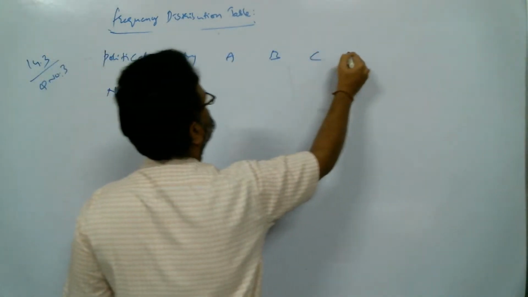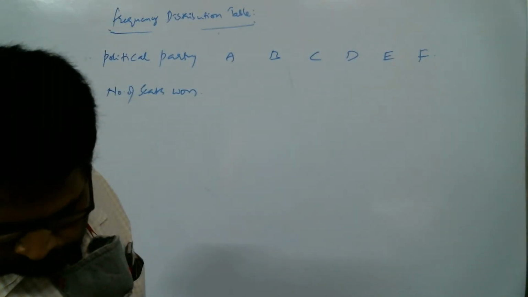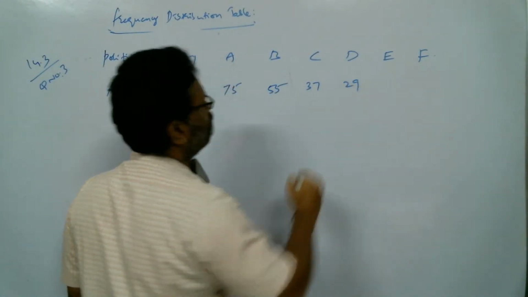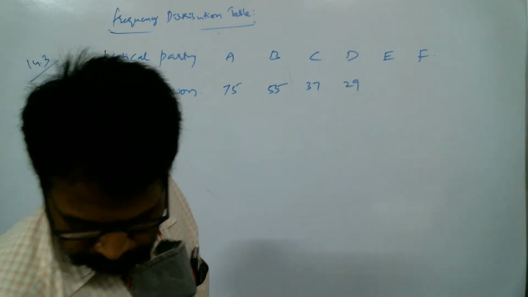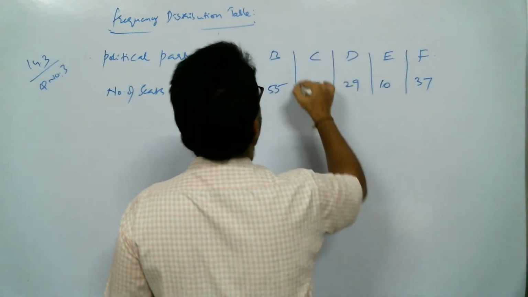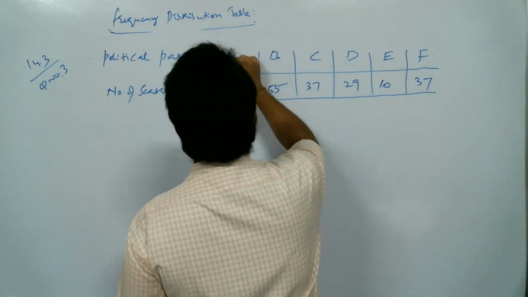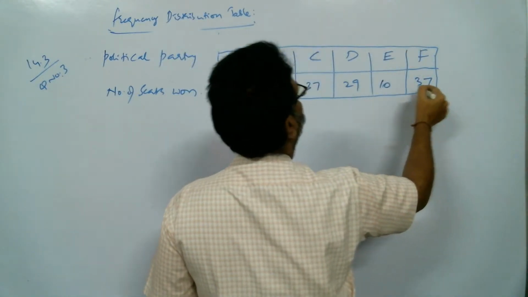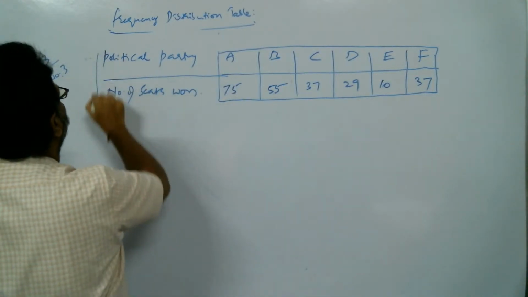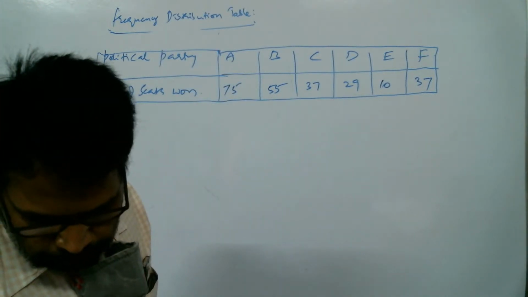A, B, C, D, E, and F: 75, 55, 37, 29, 10, 37. Right? Now this is the data you are given. Now what you have to do is draw a bar graph to represent the polling results.